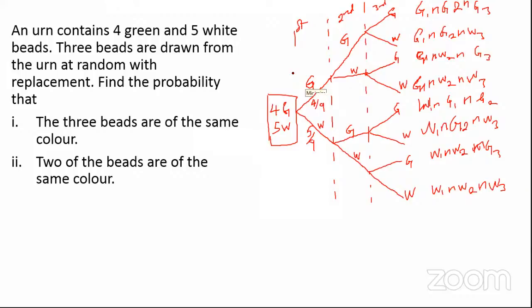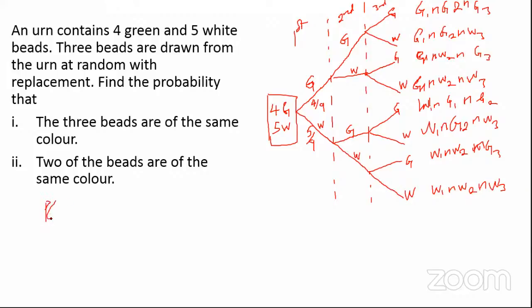In probability, it is better for us to say "all". So green 1, green 2, green 3, because when you say "and" it means intersection, so you'd have introduced another concept.